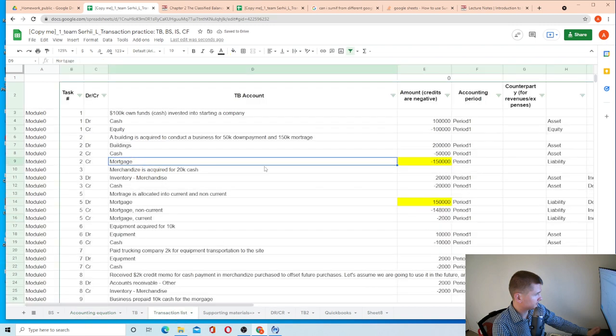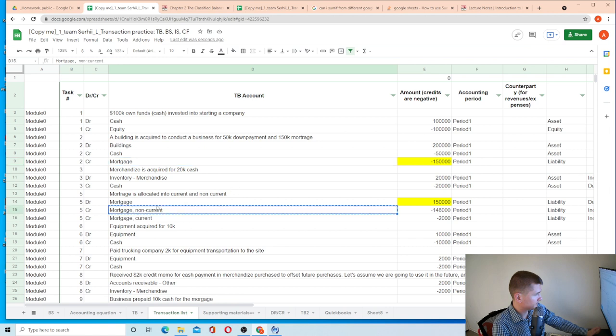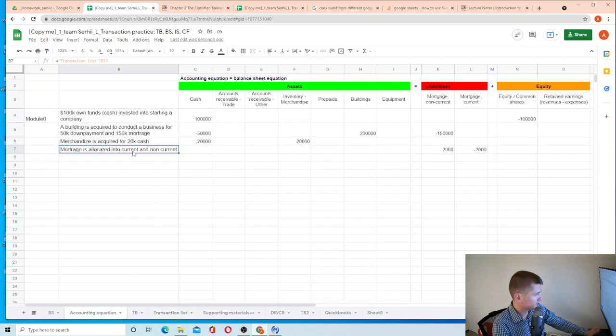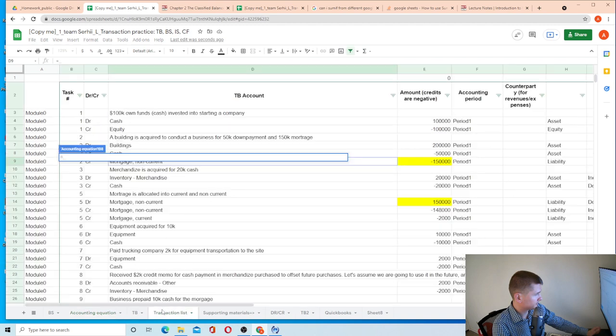If you see, I have just the mortgage account here, and I will call it just non-current mortgage for the sake of simplicity, so that you won't have to search for the mortgage account here. So mortgage is allocated. That was number 5.